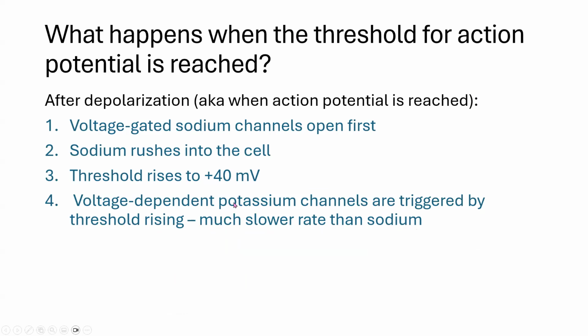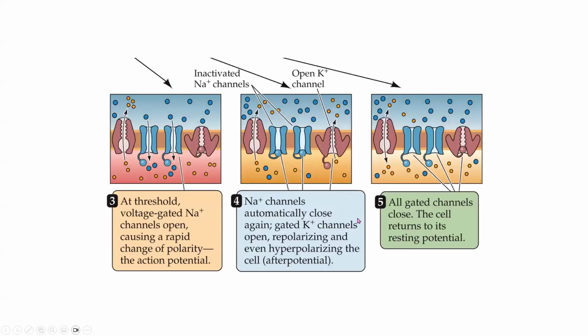And so voltage-gated potassium channels open, but they are much slower to open than sodium, because remember, sodium rushed into the cell. And then when potassium channels open, the potassium ends up leaving the cell.